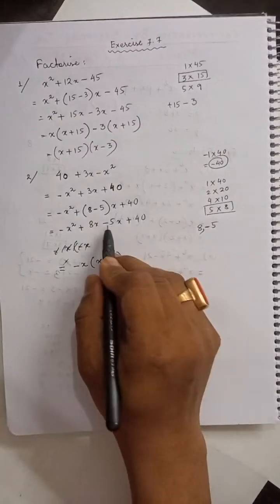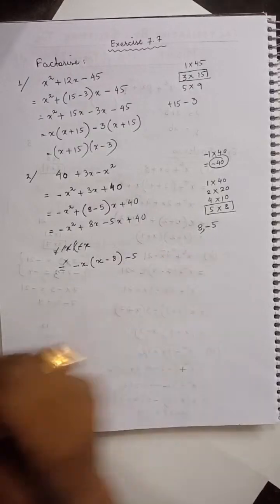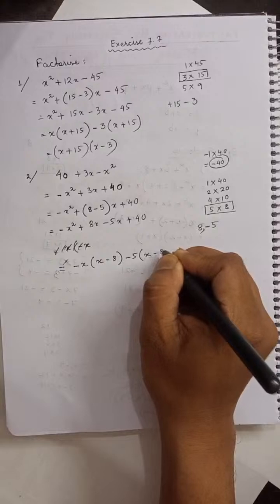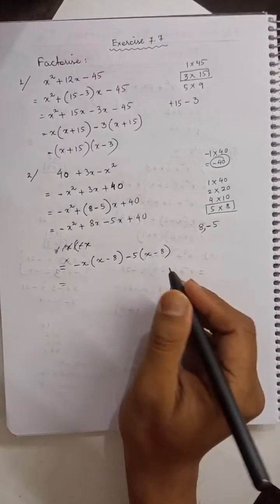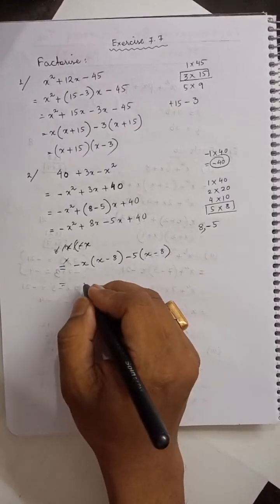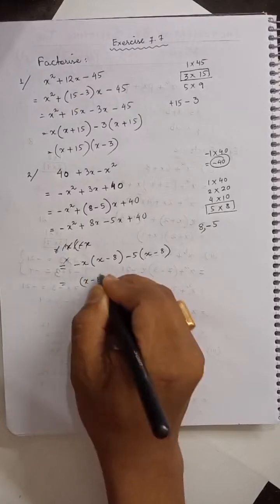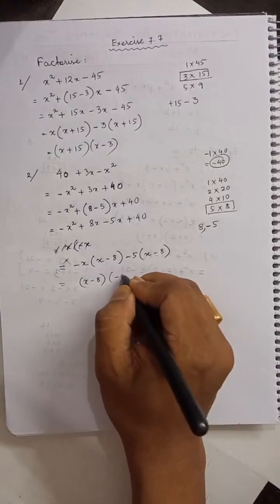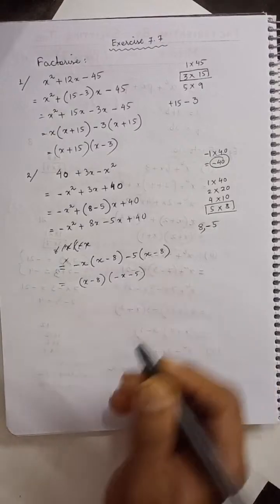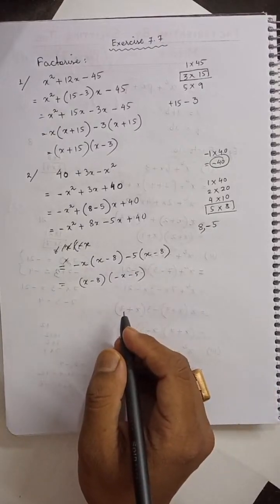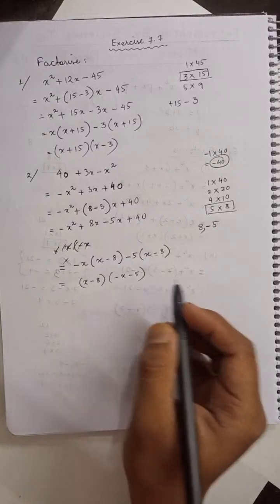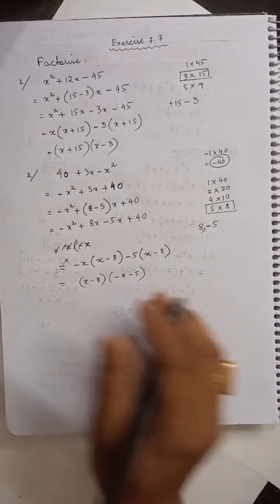Similarly we can take minus 5 as common here, and then we will have x and minus 8. So x minus 8 and x minus 8, we can take it as common. So we are left with minus x and minus 5. So you can keep it in this way, or you can take the negative term common.